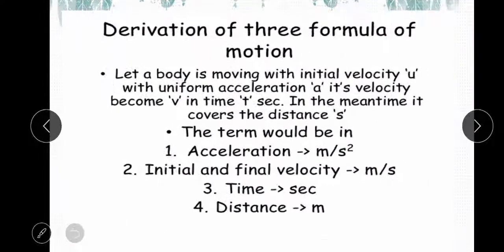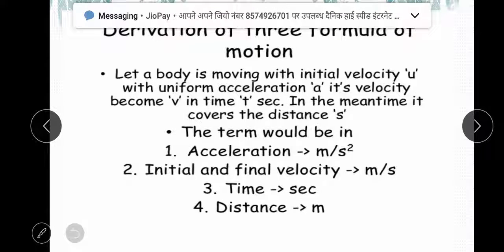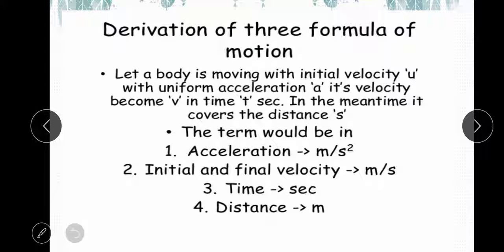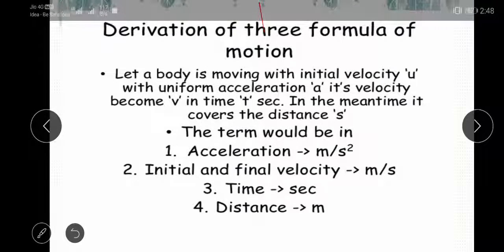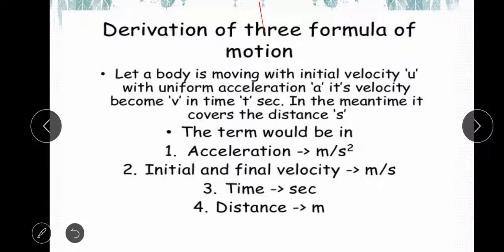Now let us consider how to derive these equations of motion. To derive these equations of motion, we have the initial velocity of a body, u. With uniform acceleration it is moving and attains velocity v.